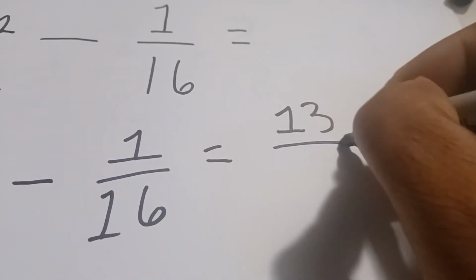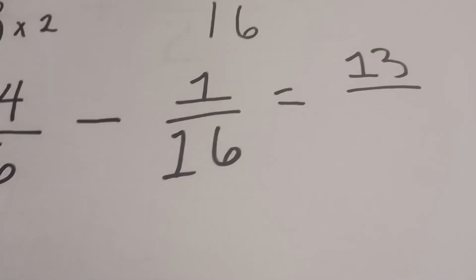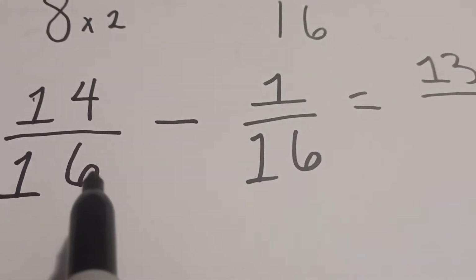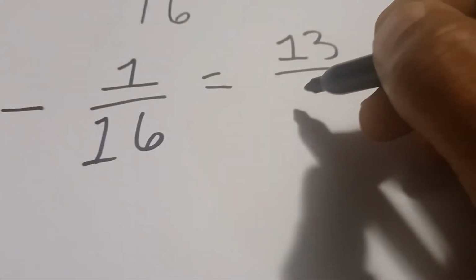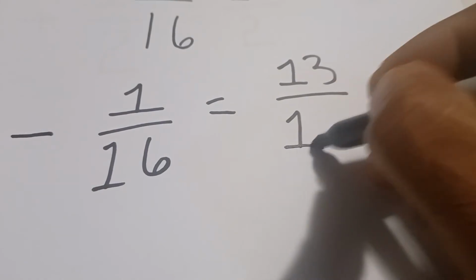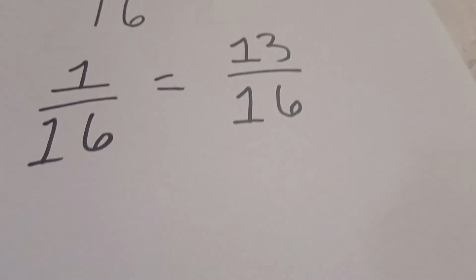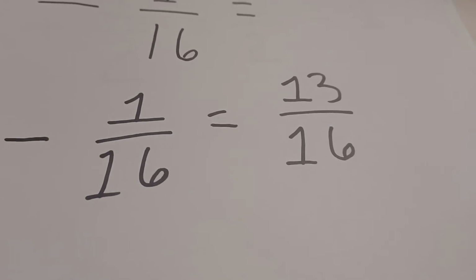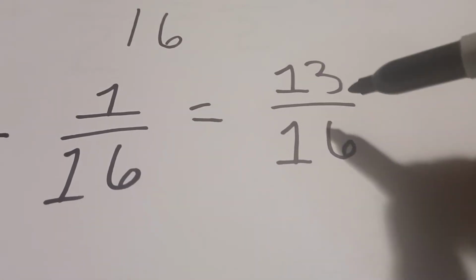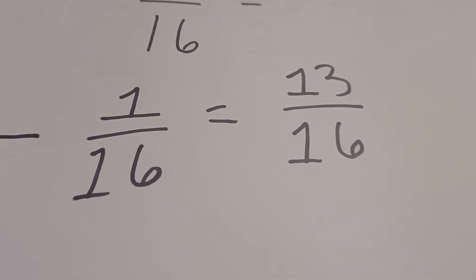We simply move our denominator over because they're the same, which gives you 13/16. This problem cannot be reduced. 13/16 is your final answer.